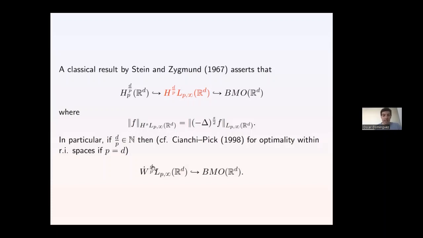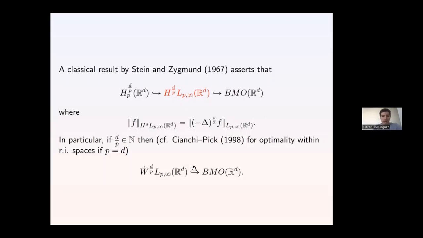In the special case that this smoothness is equal to 1, one can use Pólya-Szegő principles, and then Cianchi and Pick show that this embedding is optimal working with the class of Sobolev spaces based on rearrangement invariant spaces. They obtain more results when you replace here BMO by L infinity or vanishing mean oscillation. So working with the pool of competitors given by Sobolev spaces based on rearrangement invariant spaces, you cannot improve this result.